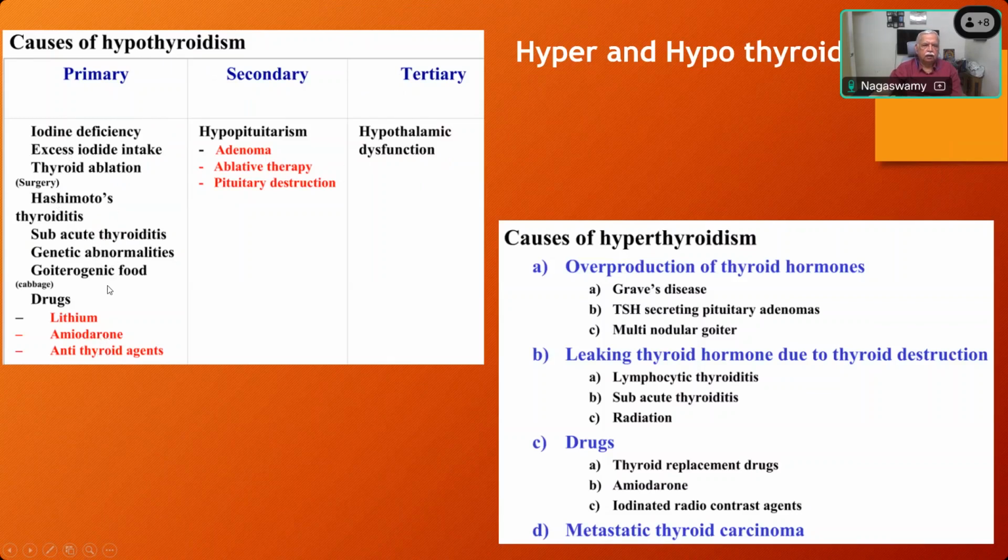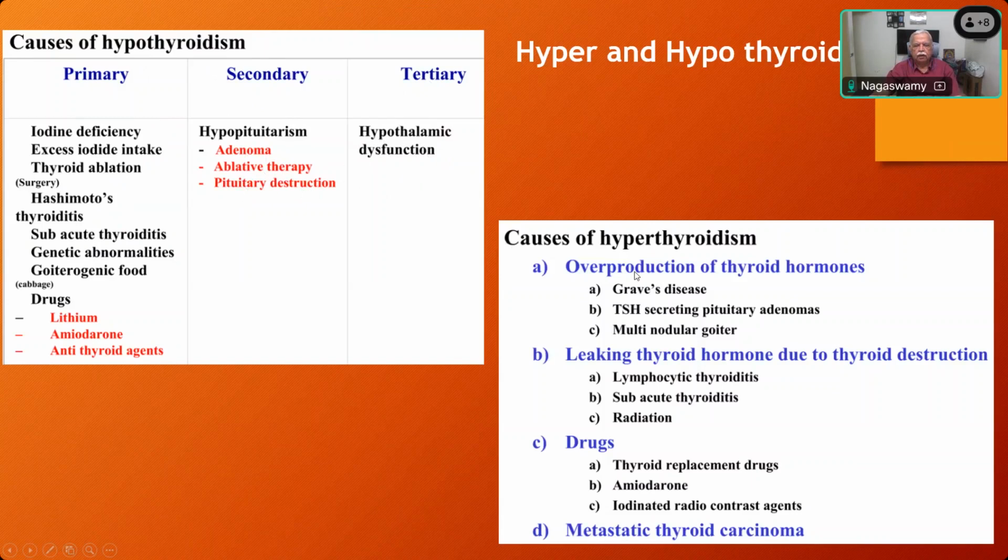All these things can lead to hypothyroidism of primary origin, where TSH is elevated and T3, T4 will be lower. In secondary, it is secondary to hypopituitarism, which can be in the form of adenoma or a pituitary ablation or pituitary destruction. In tertiary, it's very rare and it happens at the hypothalamic level.